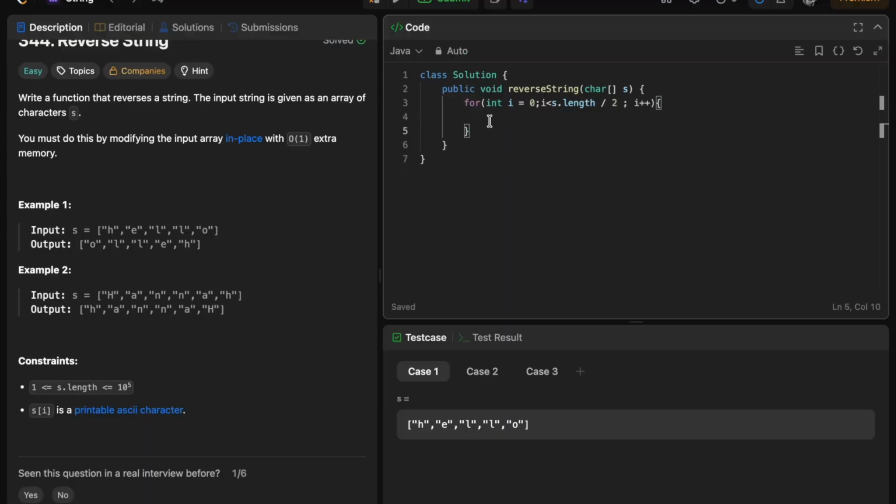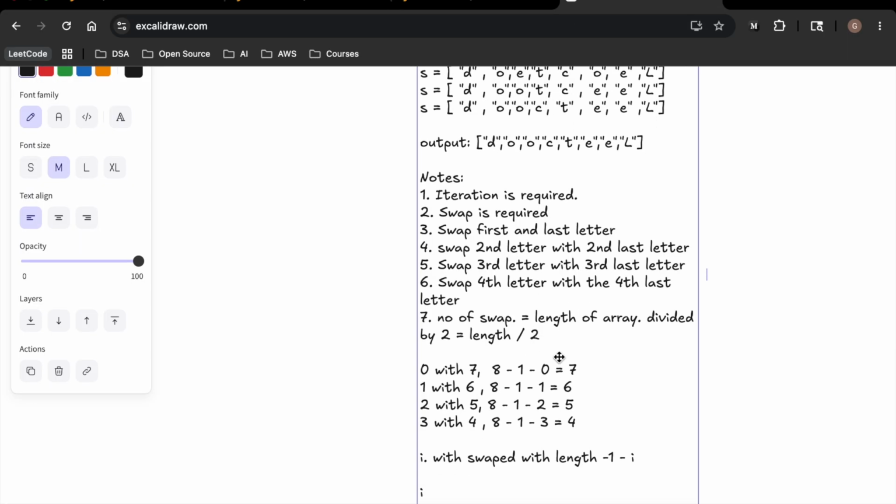And what we need to do is a swap. So let's declare another variable. We need it to be constant, so we need to declare it outside. Let's just say a character, temporary character, is equal to s dot I. S dot I is equal to the last index, that is s dot length minus 1 minus I. That's what we wrote here.